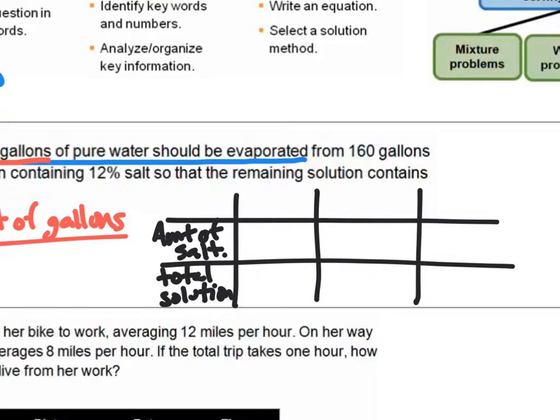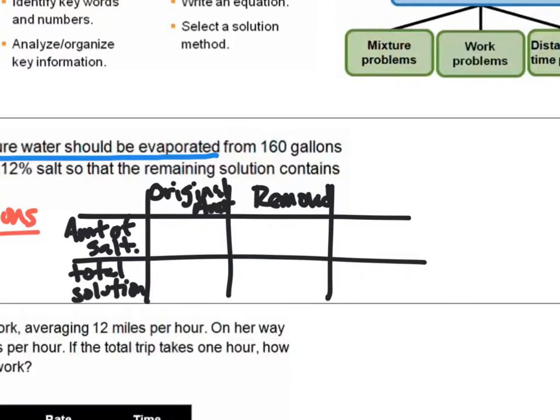And up here in this box, we're going to write the original amount. This section we're going to call removed, and this one we're going to call the new amount. This is pretty much your standard mixture table that you'll use.